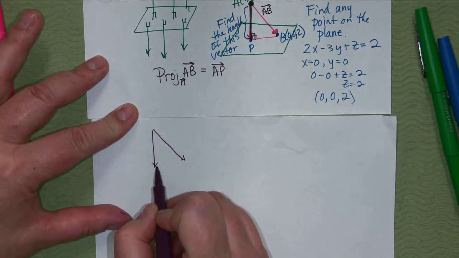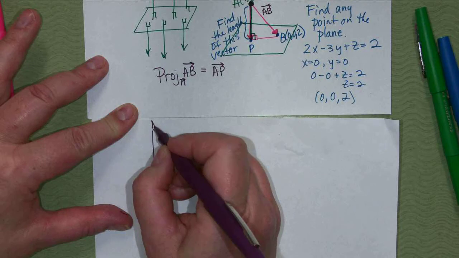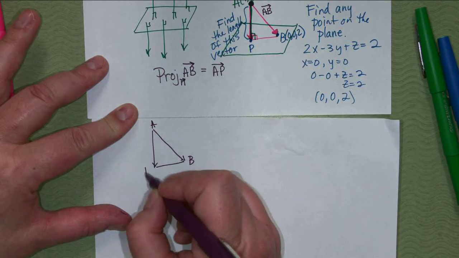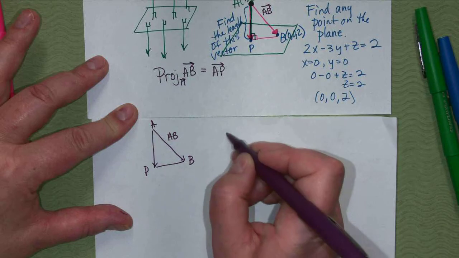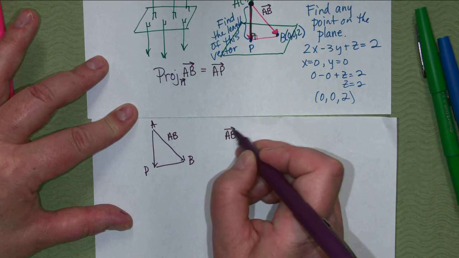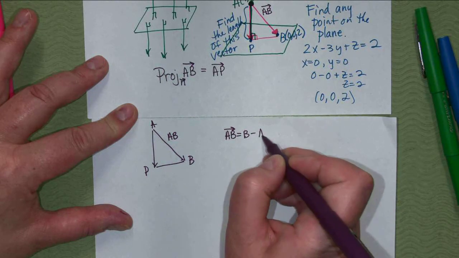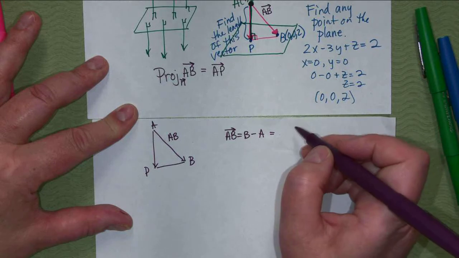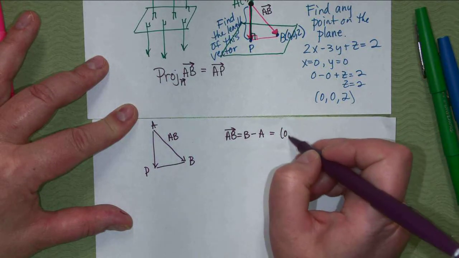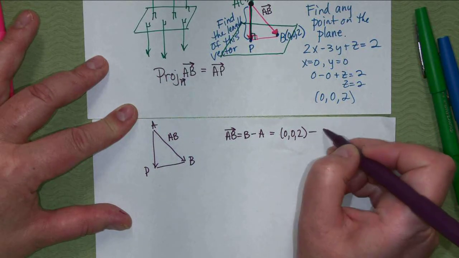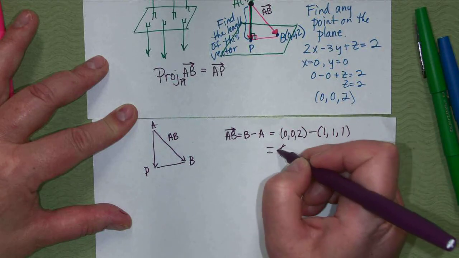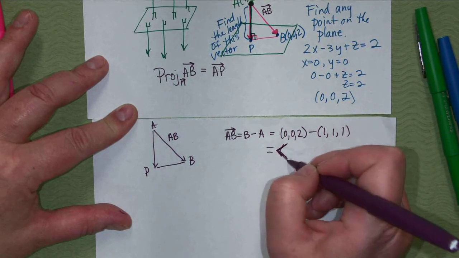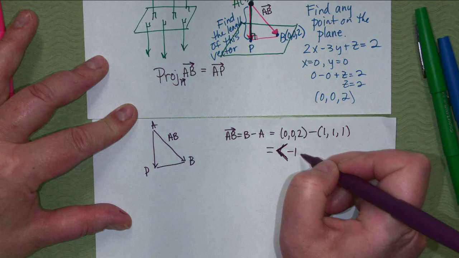So this is A, this is B, and this is P. So we want A, B. Minus 1, minus 1, 2 minus 1 is 1.